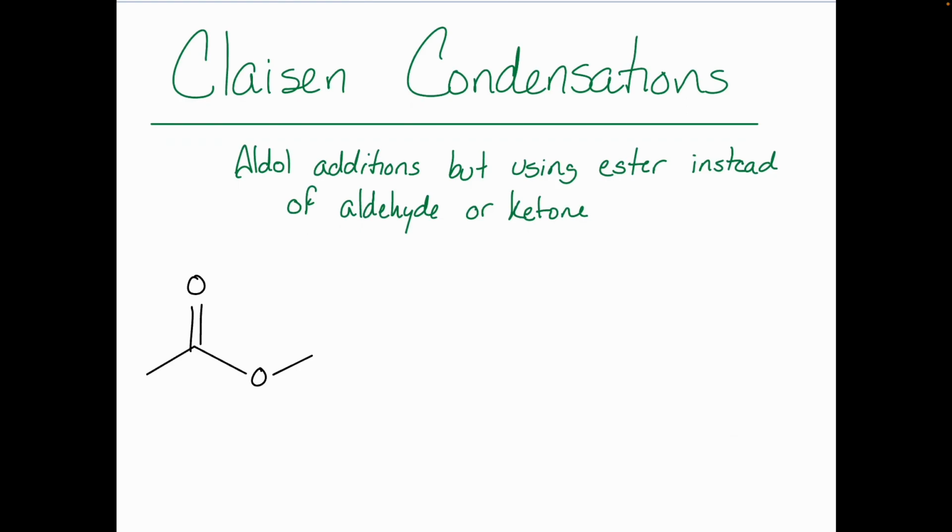All right, so how many alpha carbons are there in an ester? Just one, right? Because there's necessarily an oxygen on the other side here. So if we take this thing and we treat it with base, we're again going to see that deprotonation of that alpha carbon, creating that enolate ion.